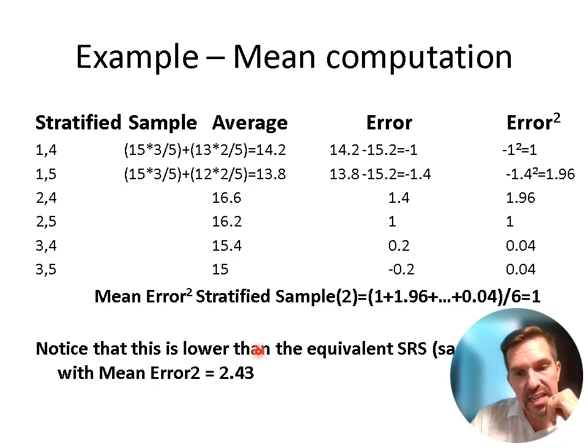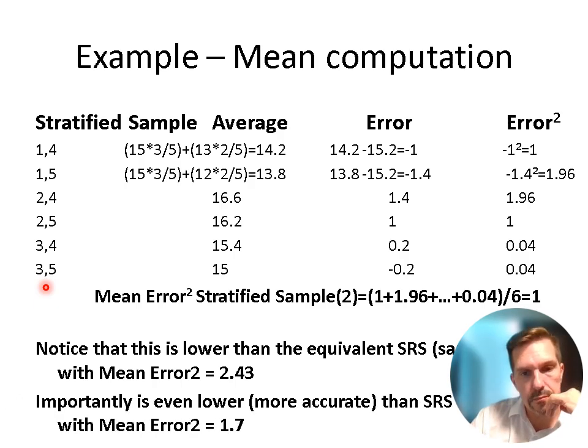In fact, in this case, this is even better than if you collect 3 observations with simple random sampling. If you remember, the average error in that situation was 1.7, and this is even lower than that. So you can see that stratification, if the variable that you pick for stratification is related to the variable of interest, it works quite well. Okay, you can see that, like I was telling you. Good.